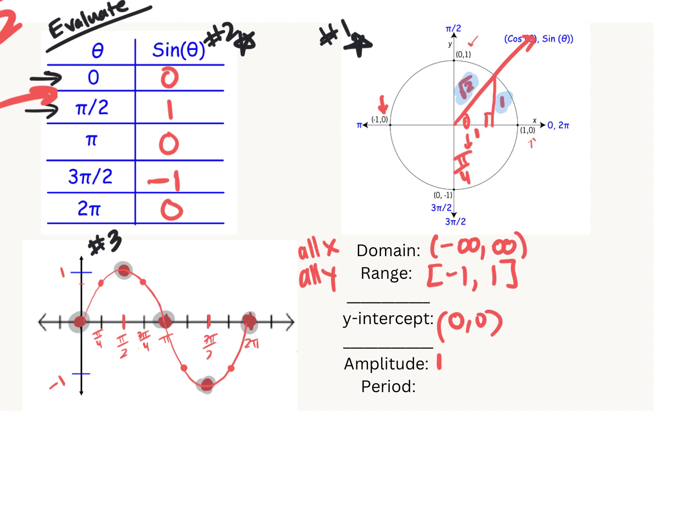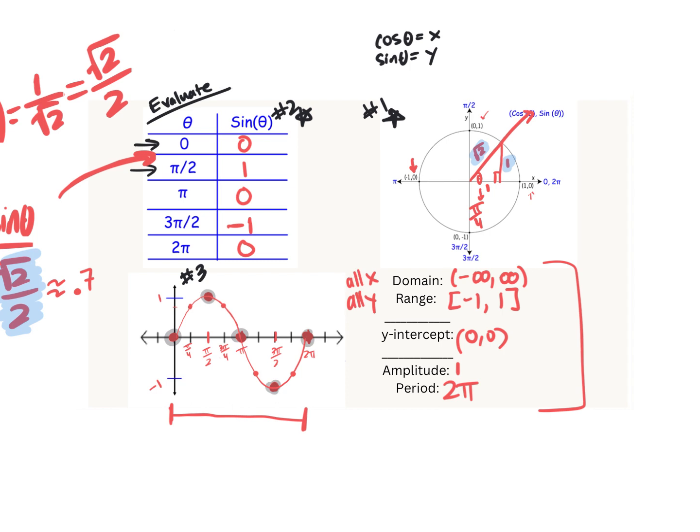The period is the distance over which your graph starts repeating, like one circular rotation around your circle. In this case, my graph starts at 0 and goes back to 0 at 2 pi. So my period is going to be 2 pi. And these are all of the baseline points and concepts for the graph of a sine function.